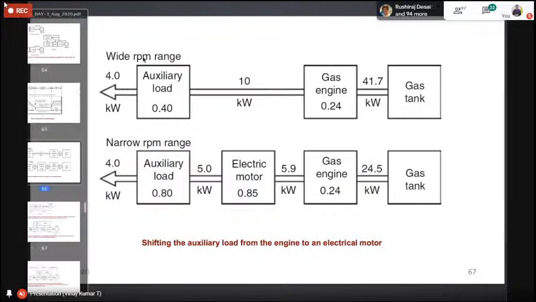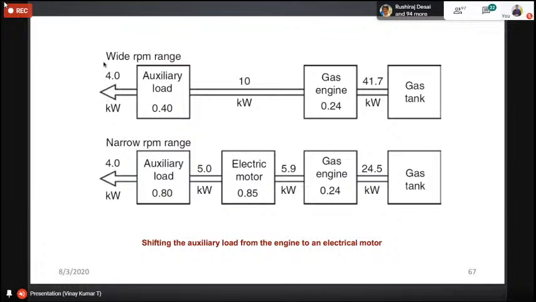With respect to the shaft side, wheel side, the requirement is 4 kilowatts, right? To drive the wheel for a particular speed, let us assume that 4 kilowatt power is required. Here also, to drive the wheel for a specific speed, 4 kilowatt is the required power.